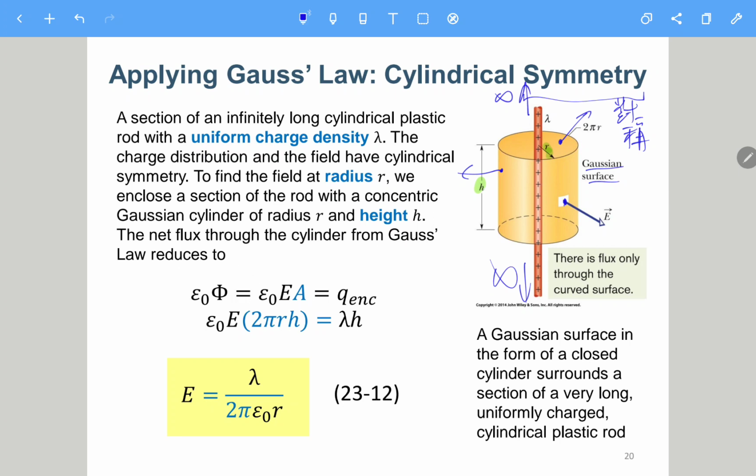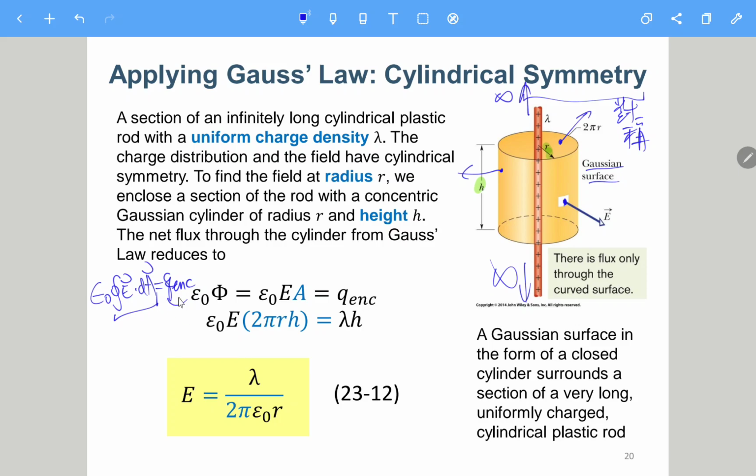At the very beginning, the Gauss law looks like epsilon naught integral of E dot dA equals Q enclosed. No matter what problem, you can start from this one. Then we evaluate the surface integral, and count what the Q enclosed is.